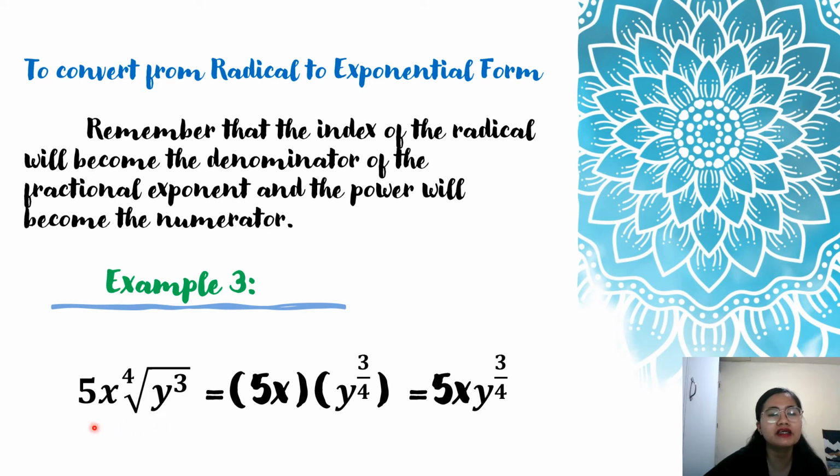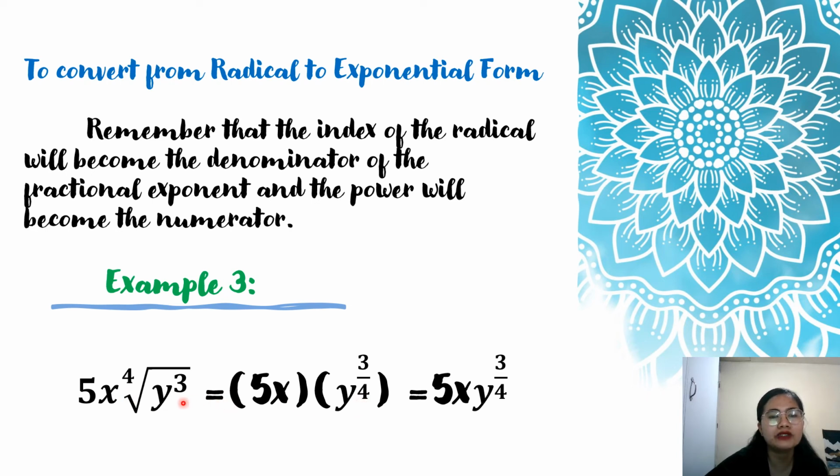So, first, i-copy muna natin or kunin muna natin yung ating coefficient. Kaya meron tayong 5x dito. And then, sa ating radical, yung radicand natin is y. Ayan yung magiging base. Kaya meron tayong y dito as the base. And then the index, which is 4, will be the denominator of our fractional exponent.